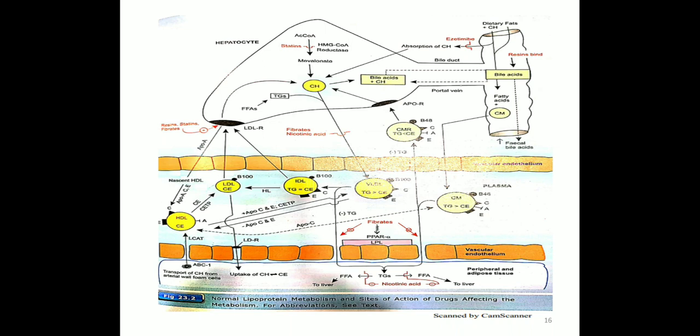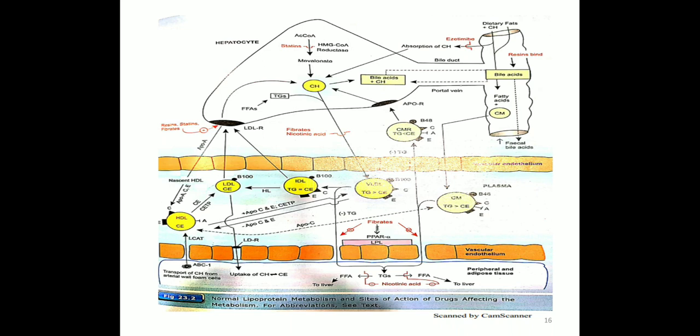Ultimately VLDL will be converted to IDL, IDL will be converted to LDL, LDL converted to HDL, and HDL's cholesterol will be incorporated into chylomicron one more time, and the cycle goes on. The chylomicron has a chylomicron remnant.